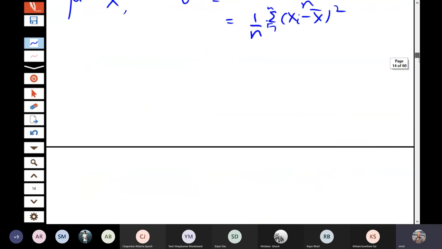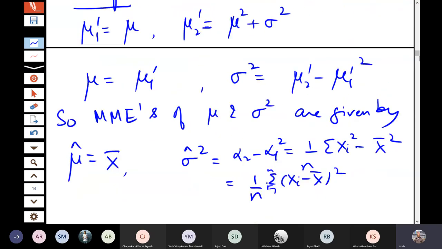So these are the method of moments estimators for mu and sigma square respectively.